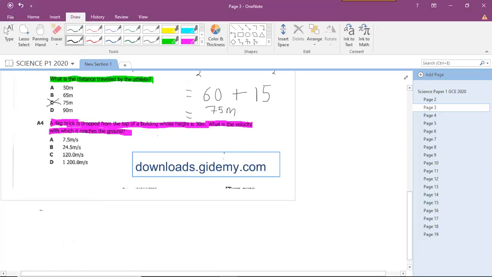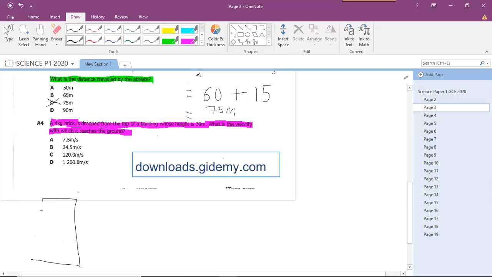So I'm going to draw this building here. It's a tall building. So let me show you the energy conversions that are going to happen.